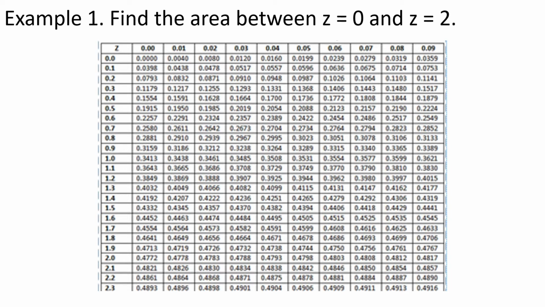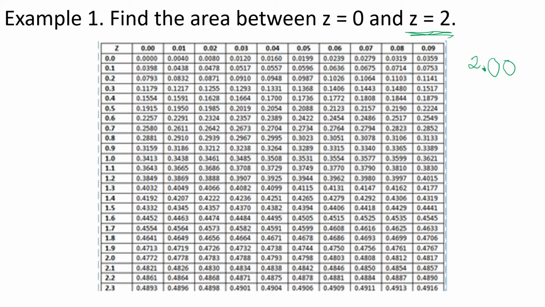So this is the z-table. In using the z-table, you need to express the given z, which in this case is z equals 2, in terms of a 3-digit number. So that is 2.00.